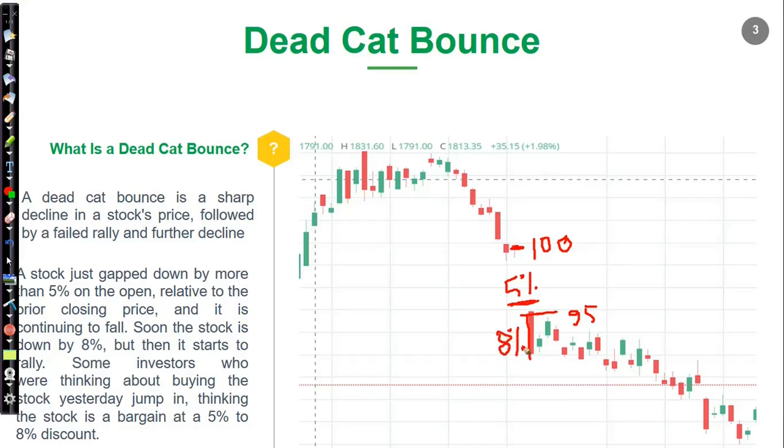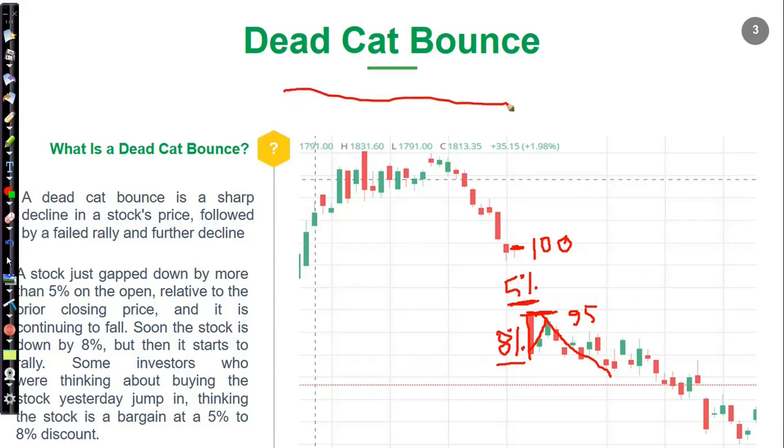So once price hits 8%, after that price gives a pullback near the opening point. After that, if price again starts falling, that is called a dead cat bounce.